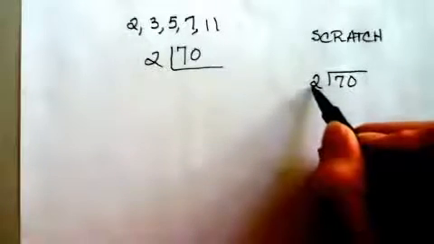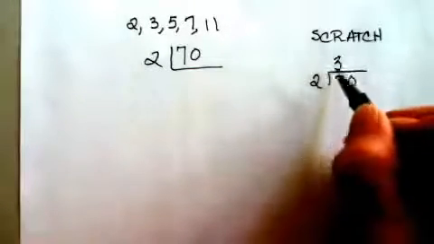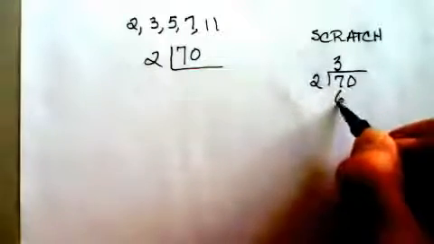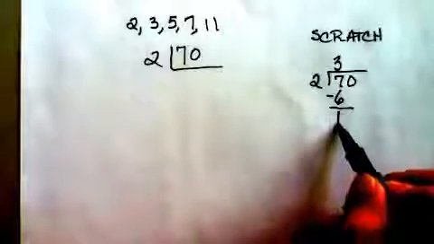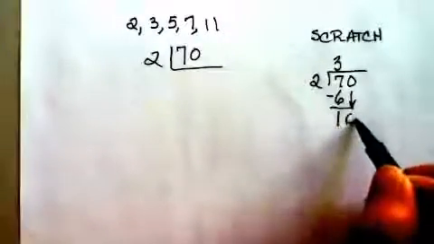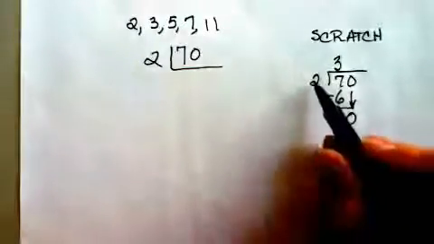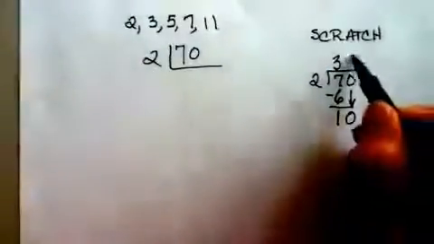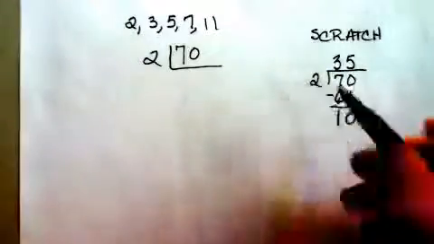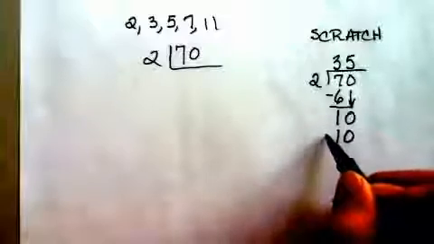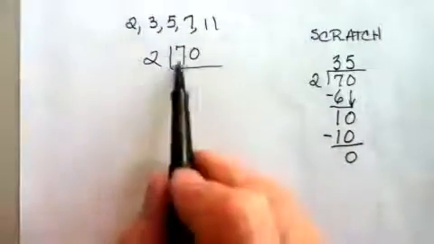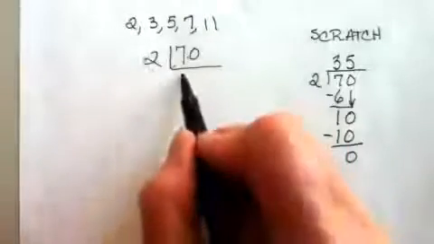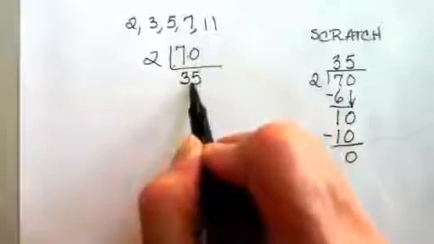Does 7 divide by 2? 3 times. 3 times 2 is 6. 7 minus 6 is 1. Bring down my 0. 10 divided by 2 is 5. And 5 times 2 is 10. Subtract, remainder 0. So 70 divided by 2 is 35.